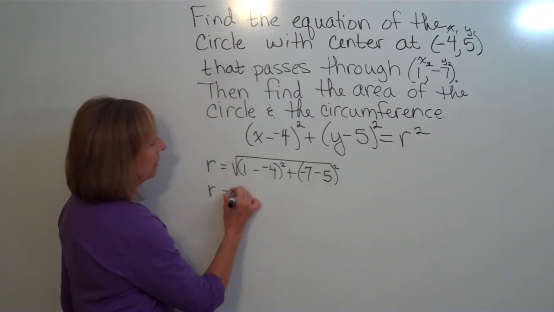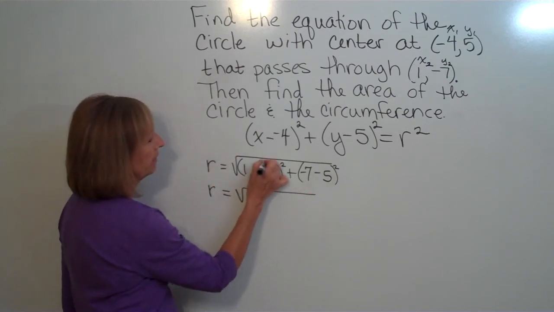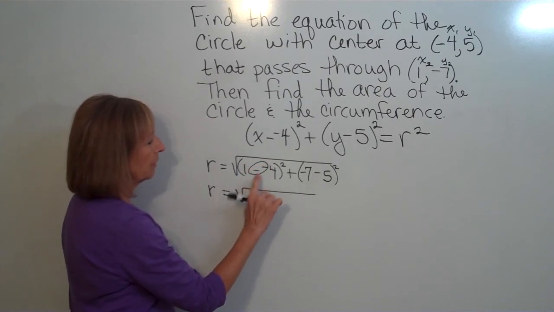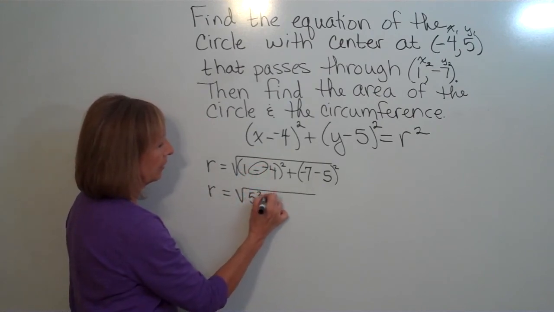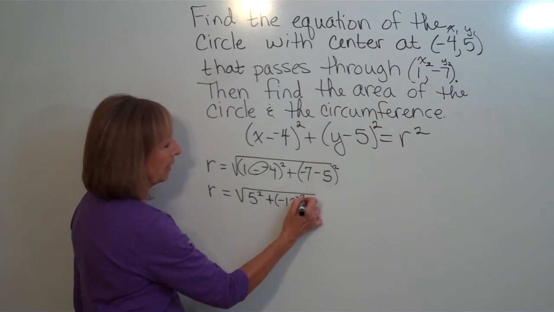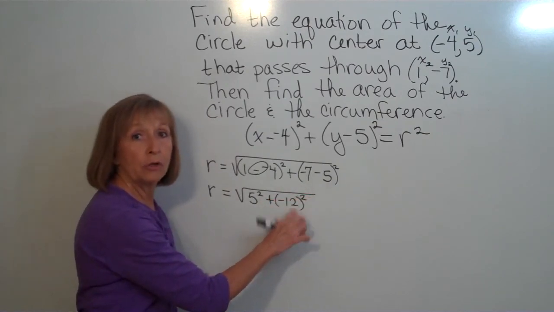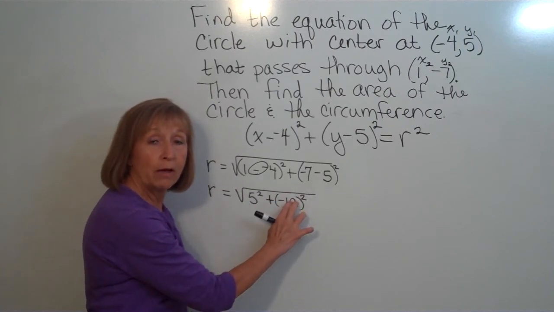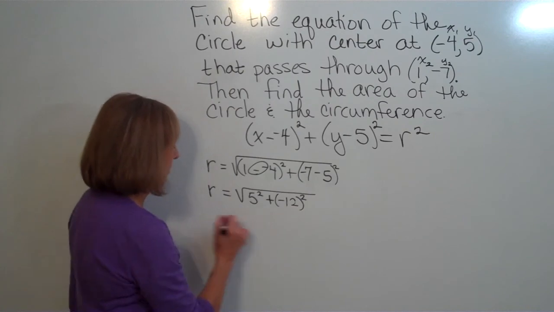So here, r is the square root of, well, fixing your double negatives, that's 1 plus 4, or 5 squared, plus, this gives me a -12 squared. But remember to quantity square your -12, so that's -12 times -12, which is positive 144 for that part.